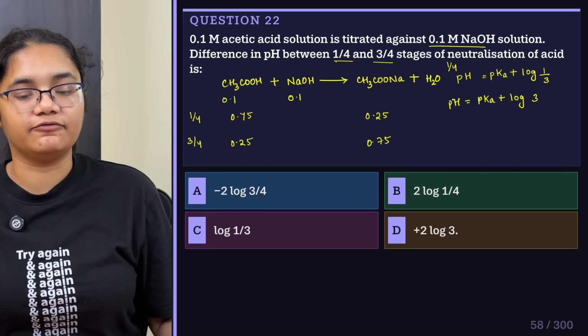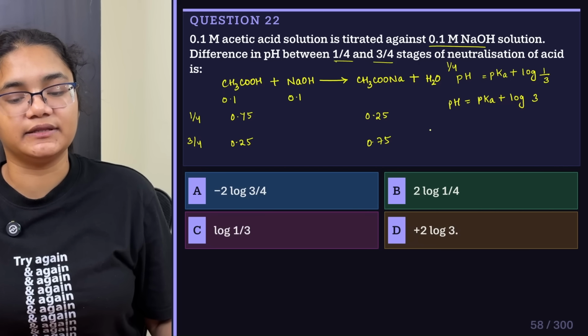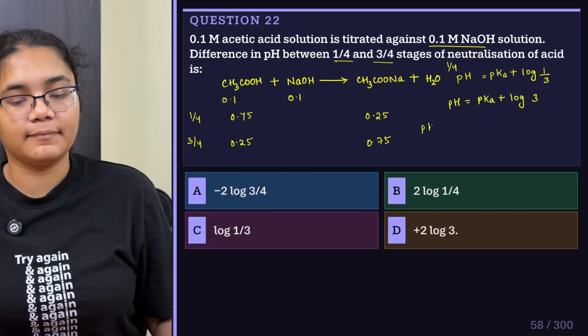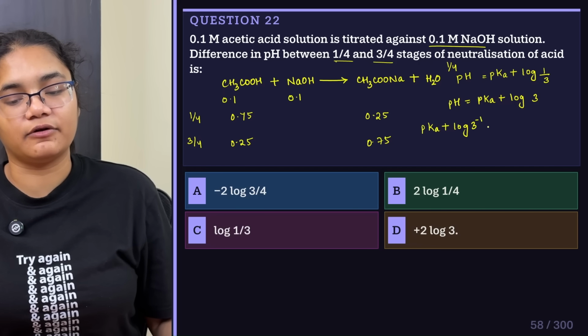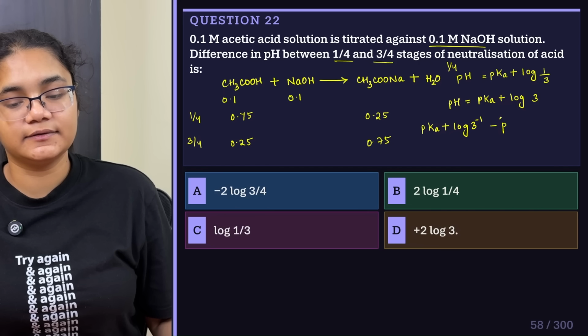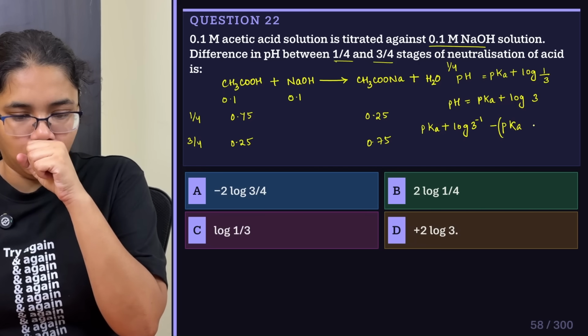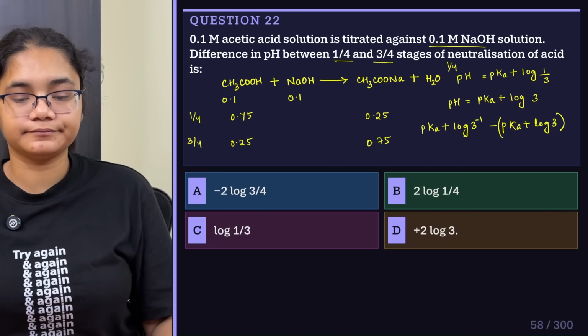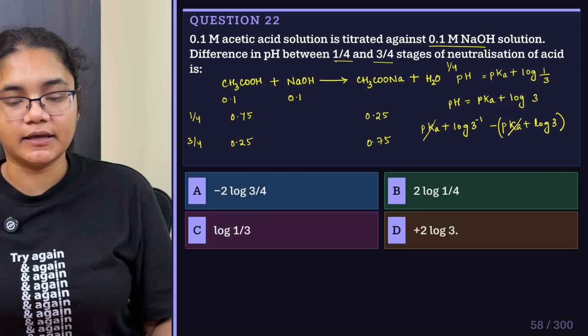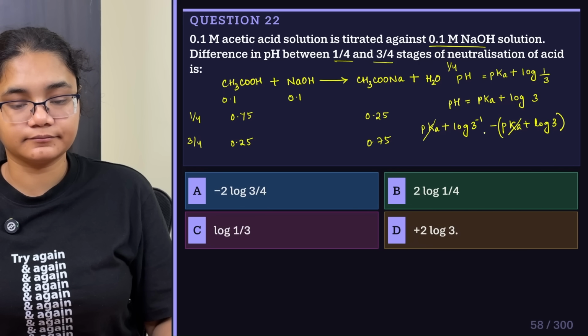Now we can take the difference between these two. If you take the difference, you will get pKa plus log of 3 to the power of minus 1, minus, sorry, pKa plus log of 3. Now pKa will get cancelled here.